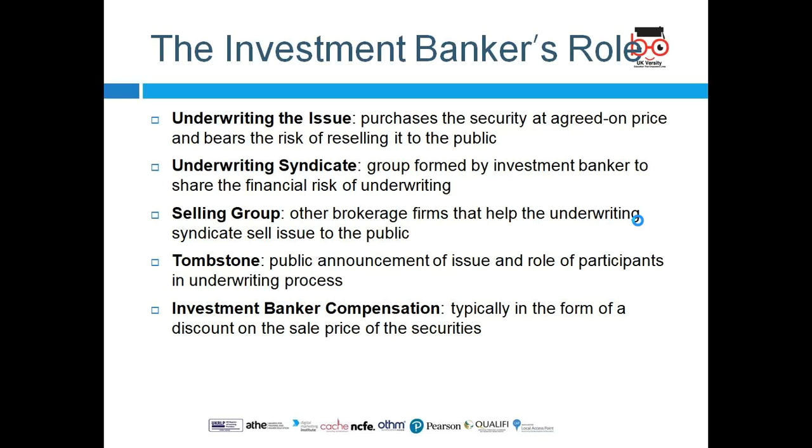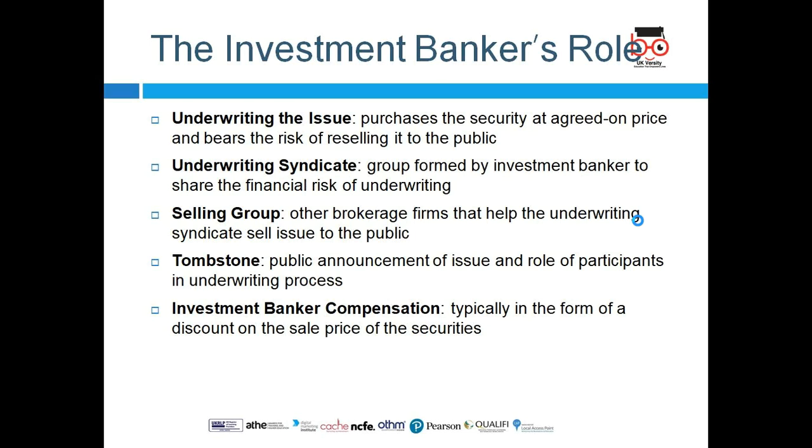And types of the investment banker roles: underwriting the issue, purchasing the security at the agreed price, and being at the risk of reselling it to the public. What about the syndicate? The group formed by the investment bankers to share the financial risk of underwriting.